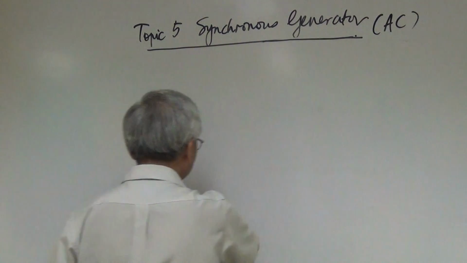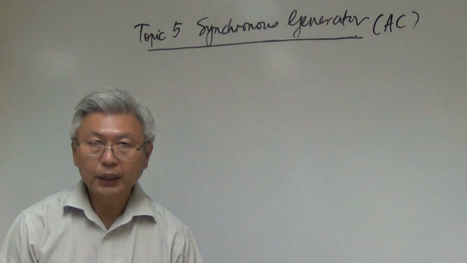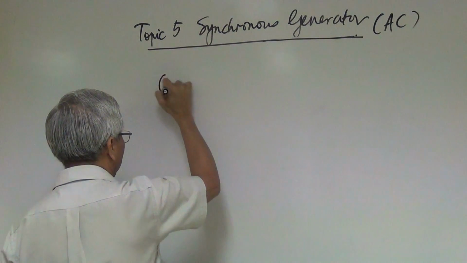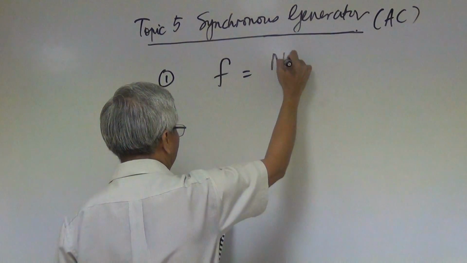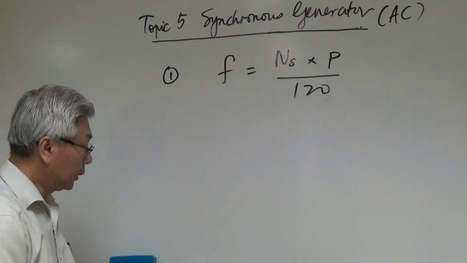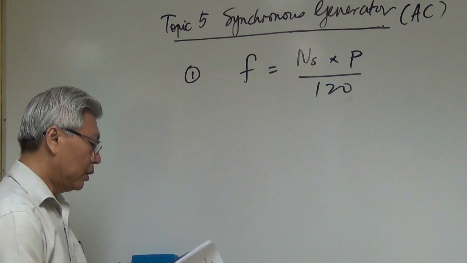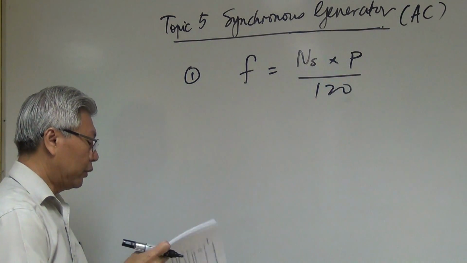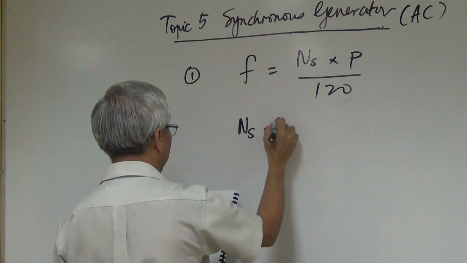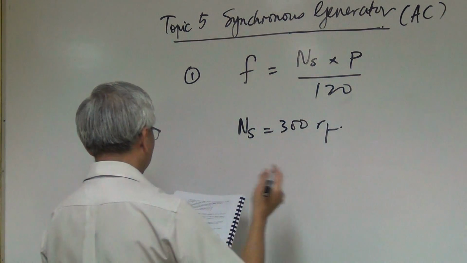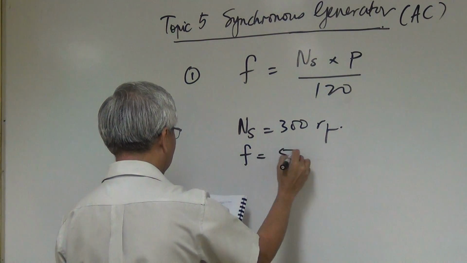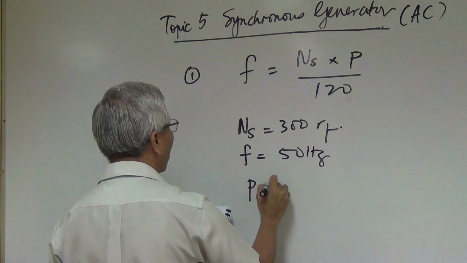Let us now carry on with how to make use of these learning points to do questions. The first one was f equals N_s multiplied by P over 120. For example, if I were to refer to the tutorial questions, if the motor turns at 300 RPM and it has a frequency of 50 Hz, then you ask, how many poles is that?